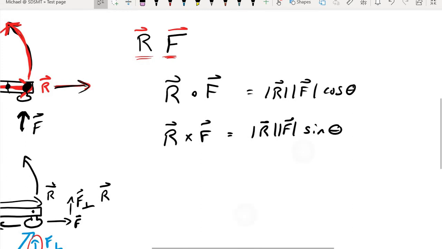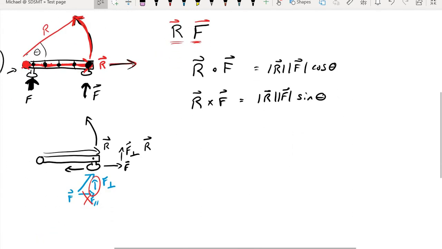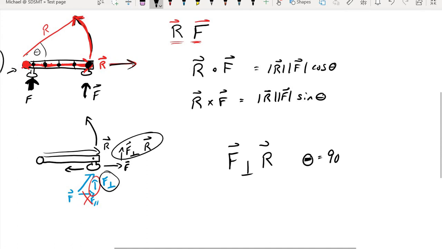So these are the two methods that are available to us, and we've already seen that it's force vectors that are running perpendicular to the radial vector that actually provide us with rotation. Well, if the force and the radial vector are perpendicular to each other, that means that their angle relationship is 90 degrees.